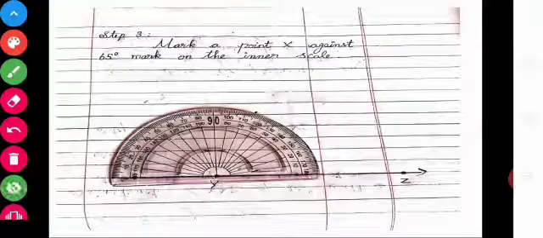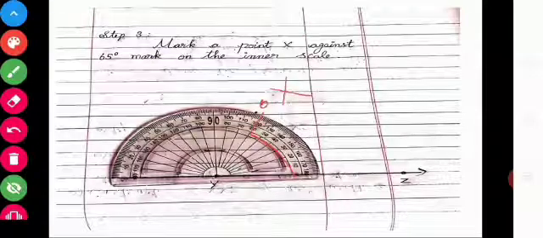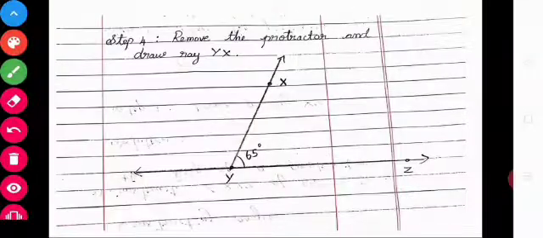Step 3. Mark a point X against 65 degree. Where is 65 degree? On the inner scale 0, 10, 20, 30, 40, 50, 60, in between is 65. So mark X on it. How much degree is it? 65 degree.